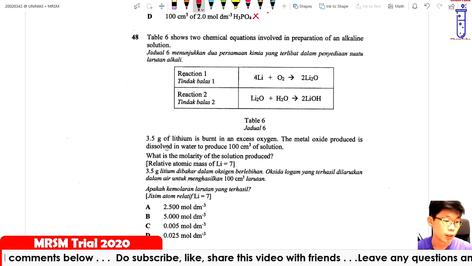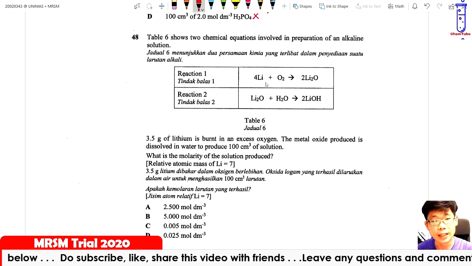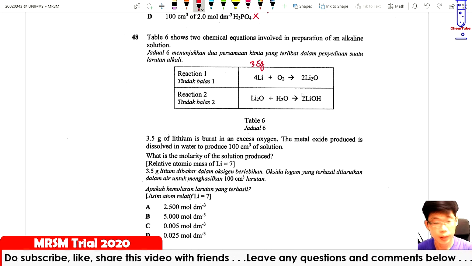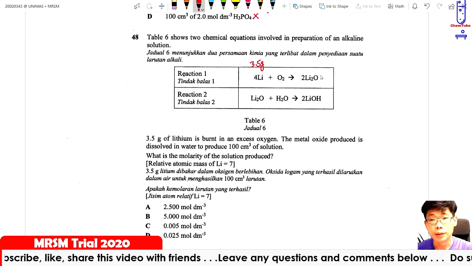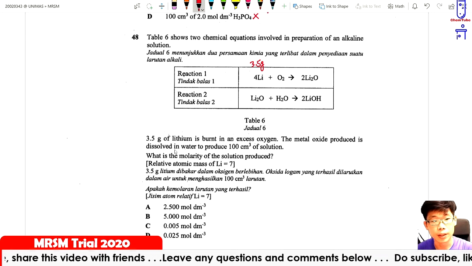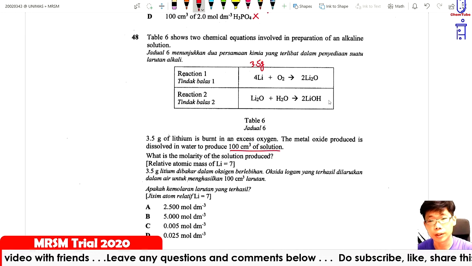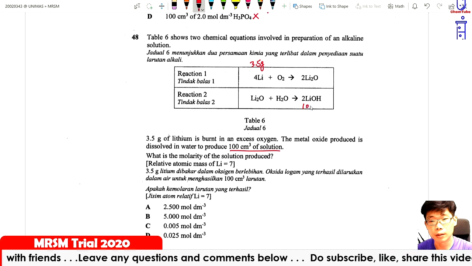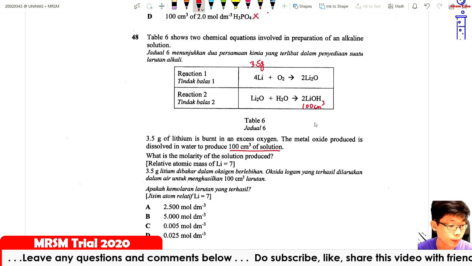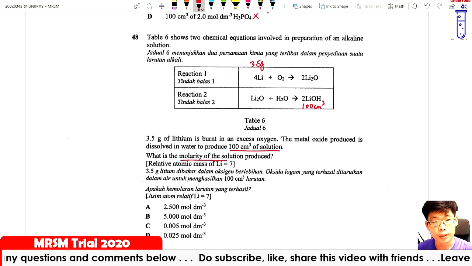Now the question mentions 3.5 gram of lithium, then burnt in excess oxygen. The metal oxide produced is dissolved to produce 100 cubic centimeter of solution. So this one will be 100 cubic centimeter. So what is the molarity of the solution produced?